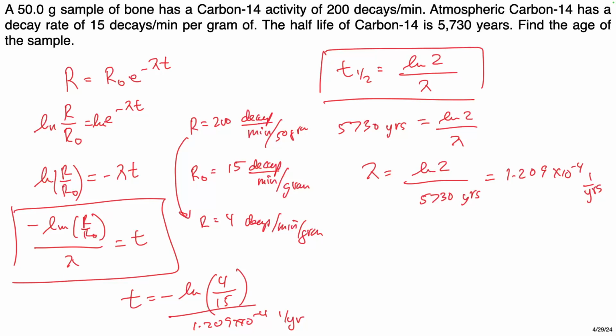Oh boy. Okay. What kind of number is the natural log of 4 over 15? Doing your calculators, what do you get out? It's a negative number, isn't it? Because when you take the natural log of a number less than 1, you get a negative number. So this will always be a negative number, because we always have less now than what we started with.